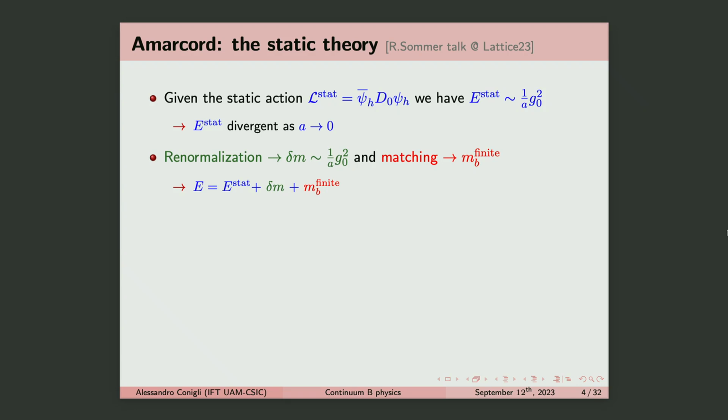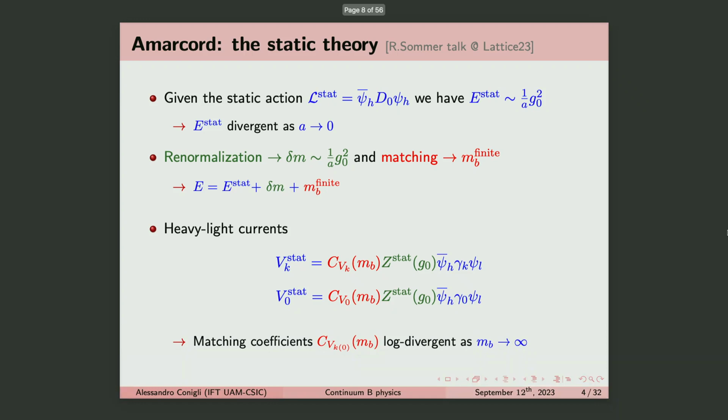If we now consider the heavy quark effective theory expansion of our energies, we see that in addition to the static term, we have two additional pieces, this delta m and this m_b finite, which are basically the renormalization term, delta m, which cancels the divergences, and the matching coefficient, which is extracted from the matching between QCD and HQET.